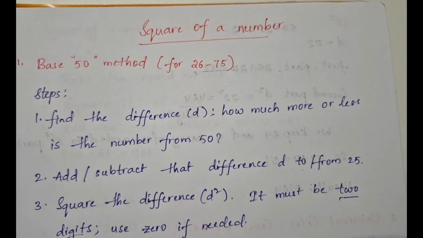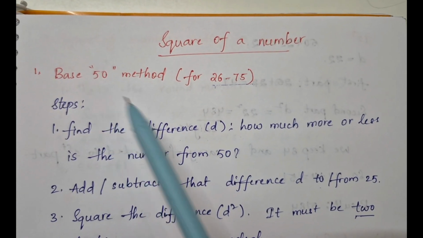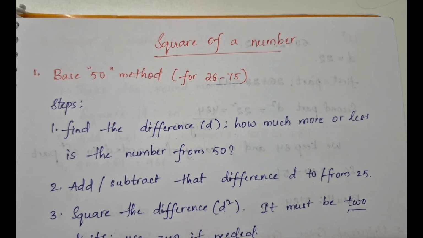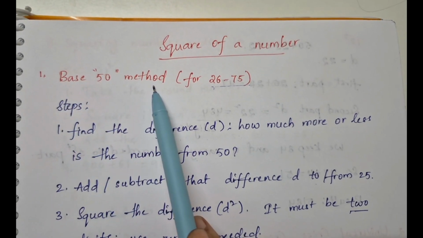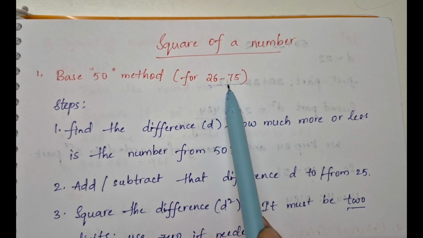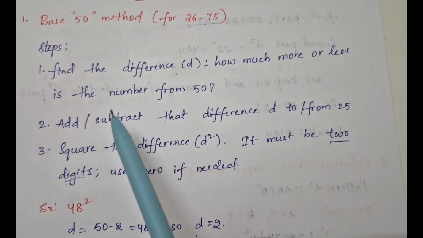Okay, so let's get started. First of all, I listed out 5 methods to find the squares of numbers. The first method is the base 50 method, and this method is used for numbers which are between 26 to 75. There are 3 steps we need to remember.